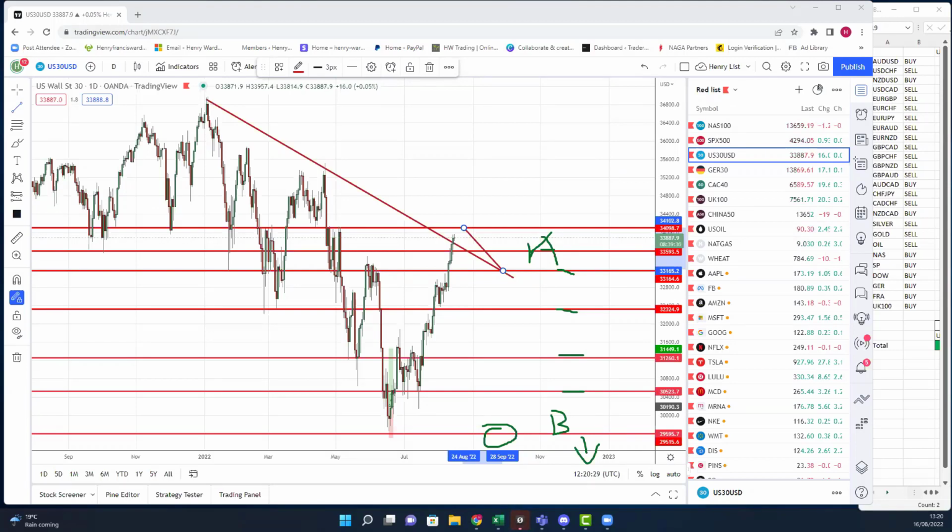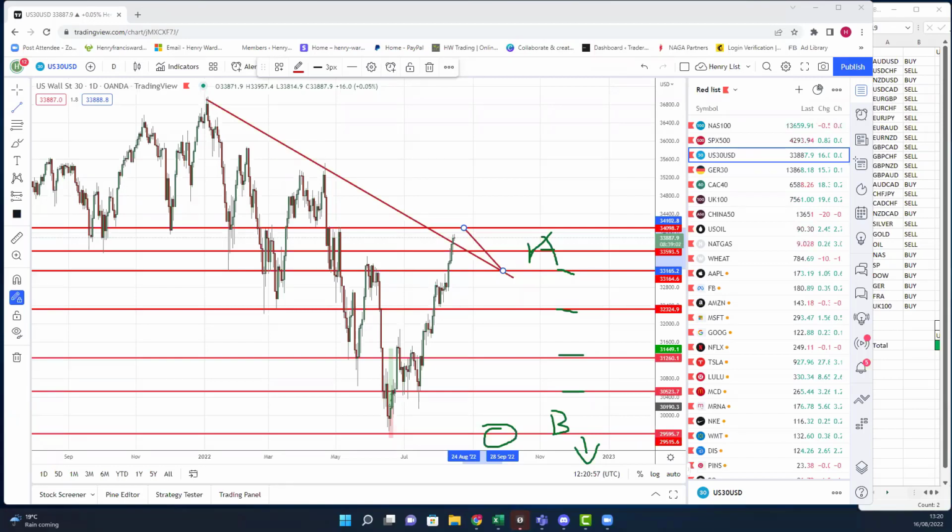Anyone else? A or B? Back to your A levels, Mark, is it? Okay, so the majority of people imagine A. Well, A seems to be the higher probability, but B could happen.